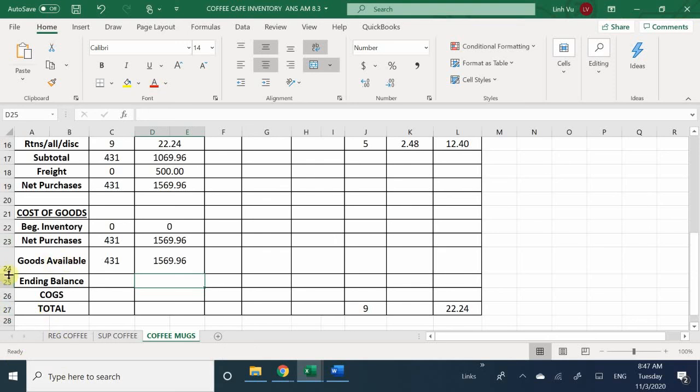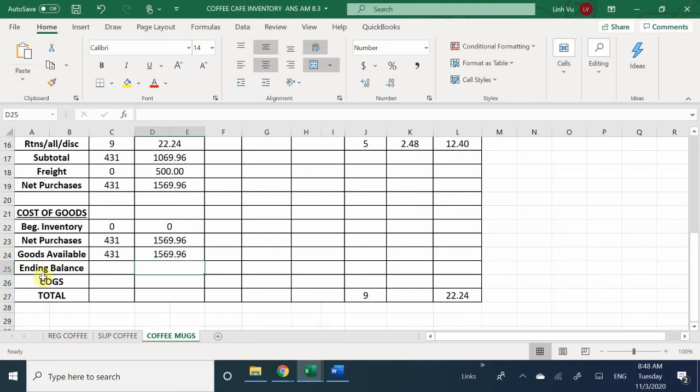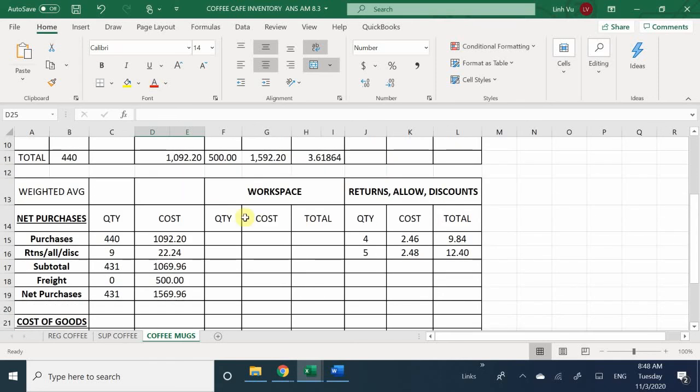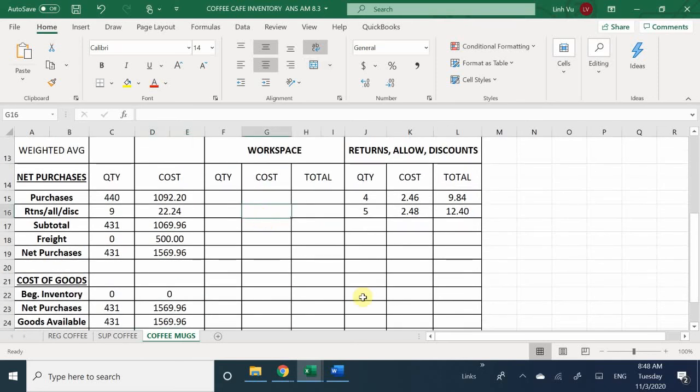This is where you start calculating your new average cost per item. Since you have your total goods available, that is what you're solving for. I'm going to utilize my little table here and solve for my cost per item.